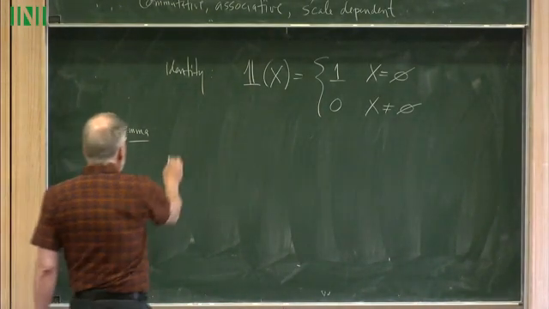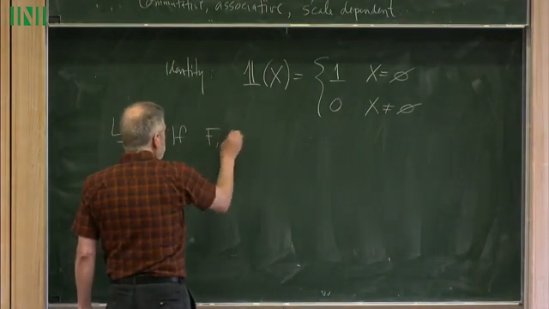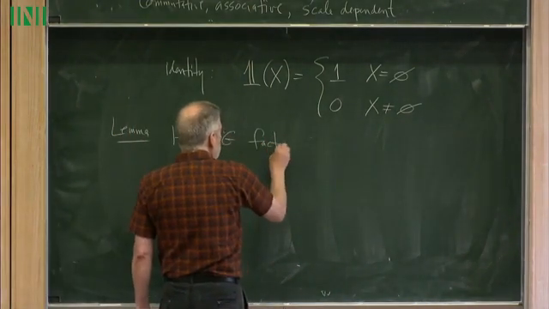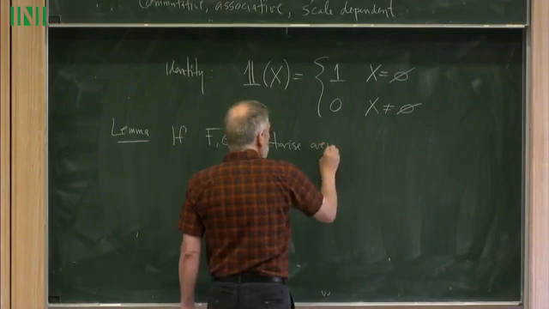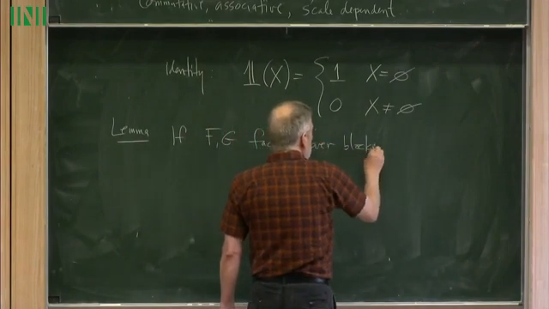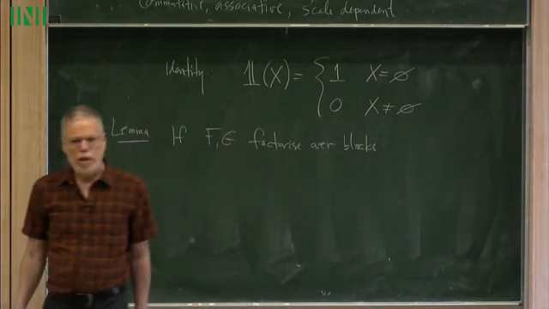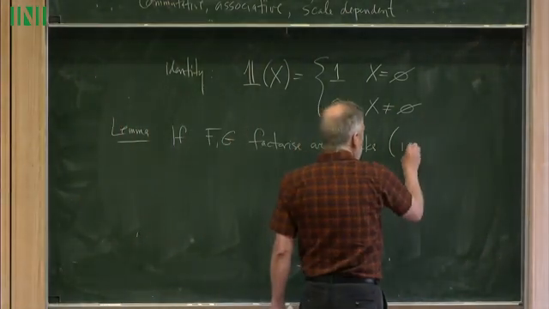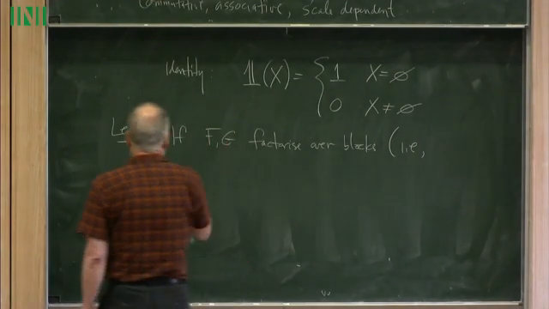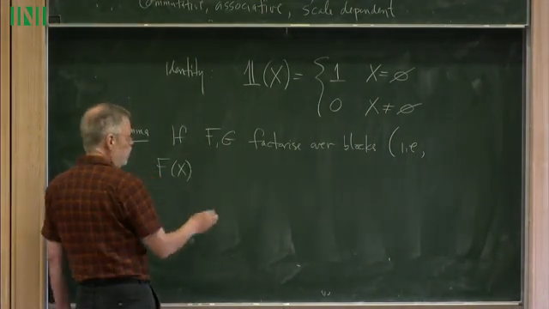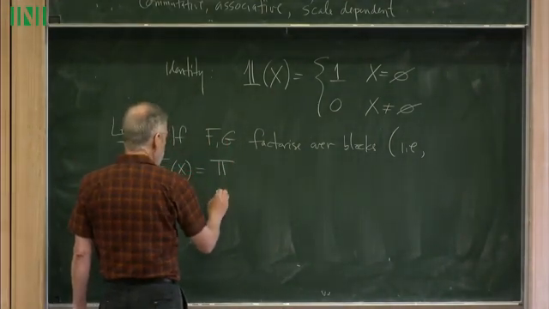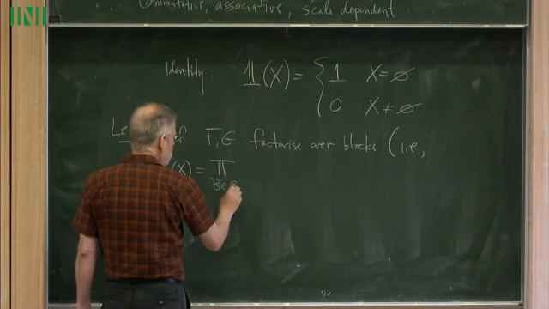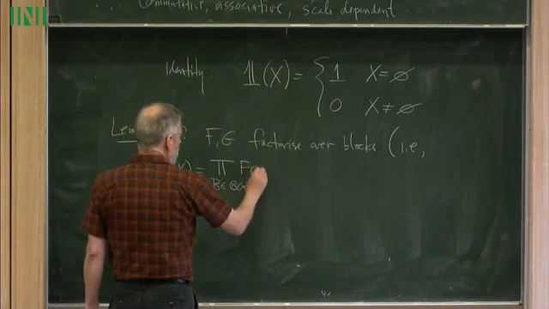Here's a little lemma about this product that will be important for our calculations. So if f and g factorize over blocks, what I mean by that is that f of x, and same for g, would just be given by the product over all the blocks in x of f of b.